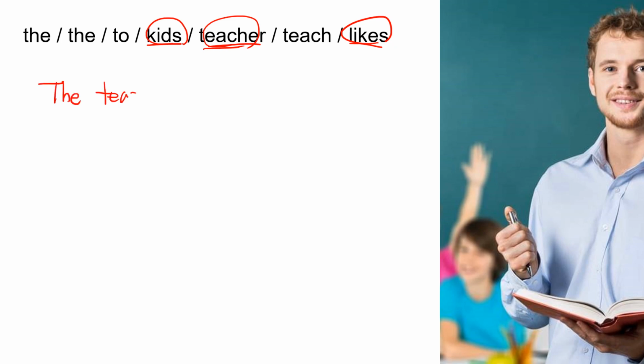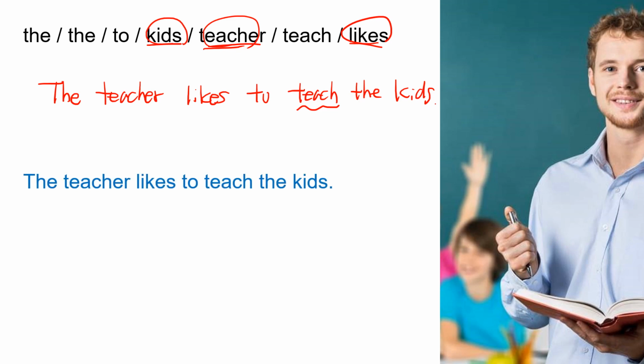The teacher. And then the verb is likes. The teacher likes what? Likes to teach. And then the object of teach is the kids. The teacher likes to teach the kids.